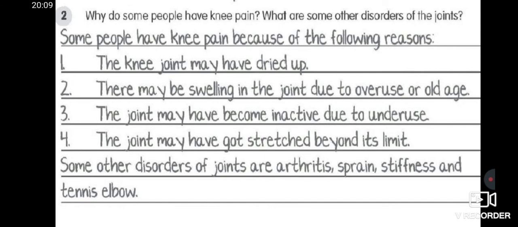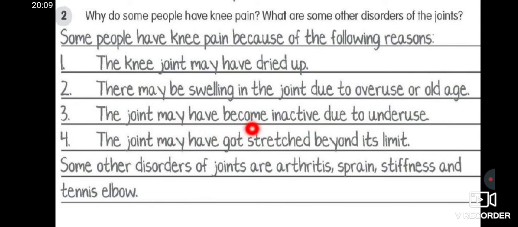Question number 2. Why do some people have knee pain? What are some other disorders of the joints? Some people have knee pain because of the following reasons. The knee joint may have dried up. There may be swelling in the joint due to overuse or old age.